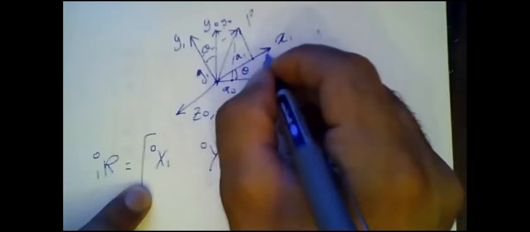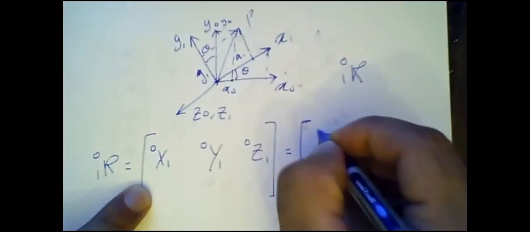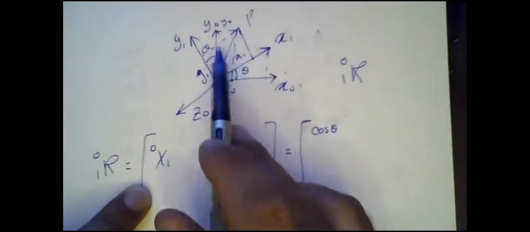What is the X component of vector X1? Obviously, a unit vector will have a unit length of 1. So the X component of vector X1 is simply cosine theta. How about the y component of vector X1 in the Y0 frame? It's going to be sine theta. How about the z component? It will be 0.